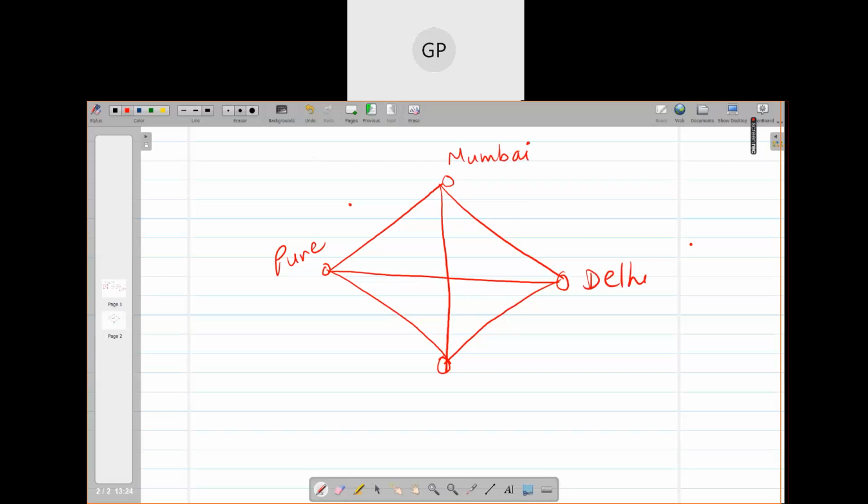This is Delhi, suppose, and this is Calcutta. So the salesman wants to travel to each and every city exactly once and come back to the city where he started. I'm just taking some numbers randomly. I don't know whether these are correct or not.